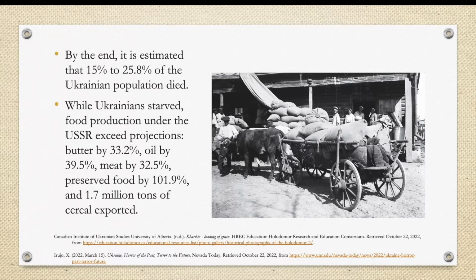And this, to me, is the most eye-opening statistic, which was that while Ukrainians starved, food production under the USSR exceeded projections.